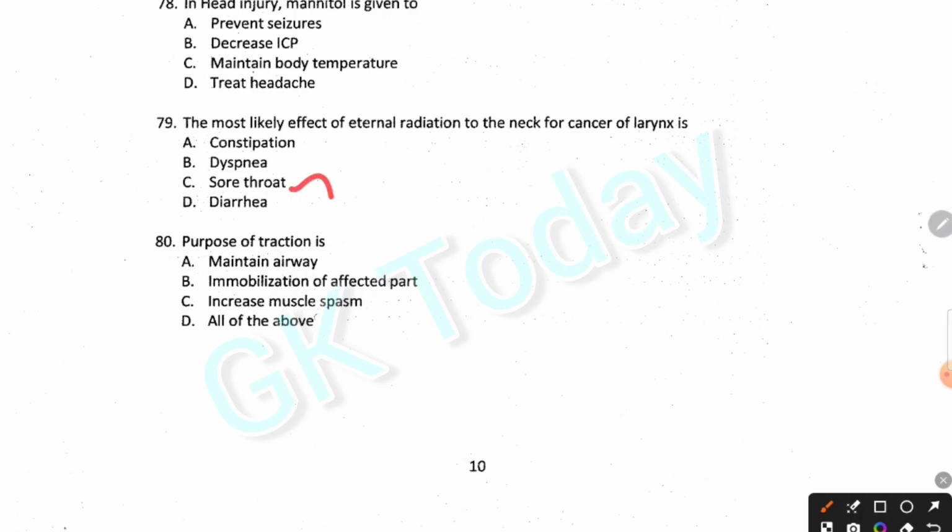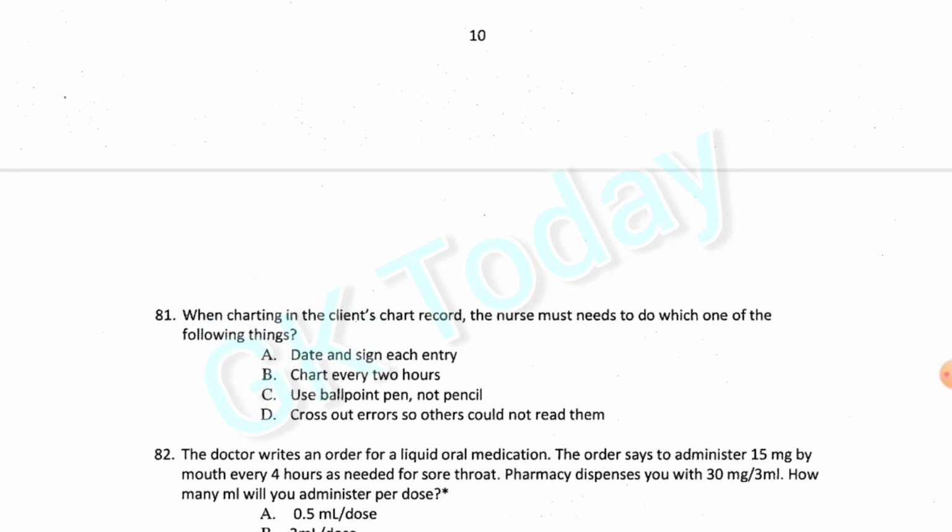Question number 80. Purpose of traction is immobilization of the affected part.